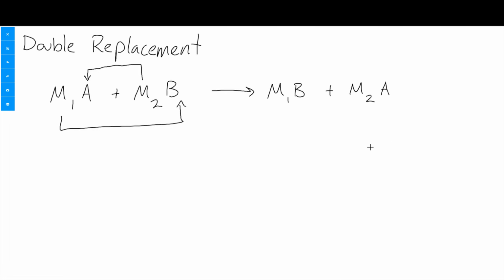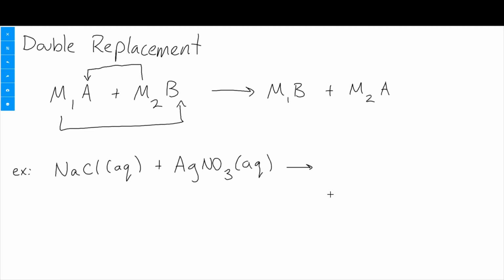So, for example, if we had sodium chloride dissolved in water, and we mix it with silver nitrate in water, these are two salts, and so A and B can switch places.